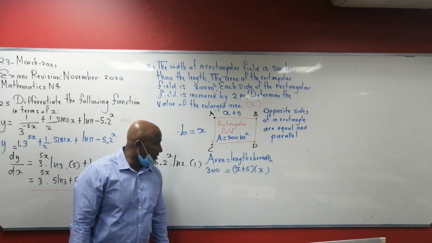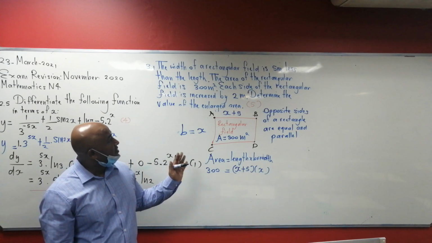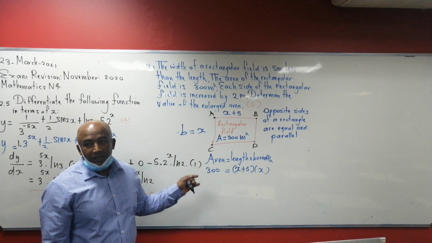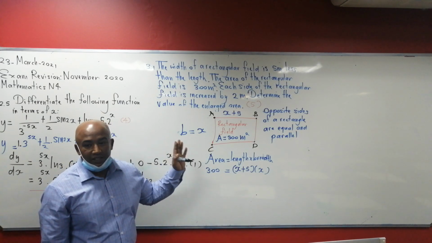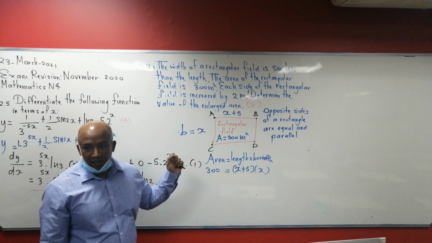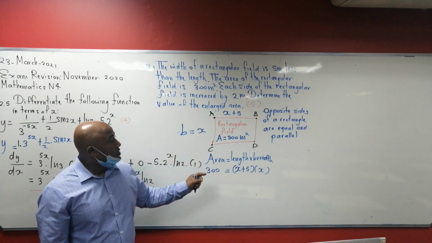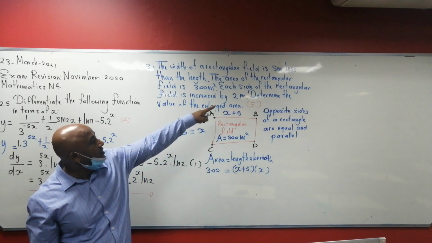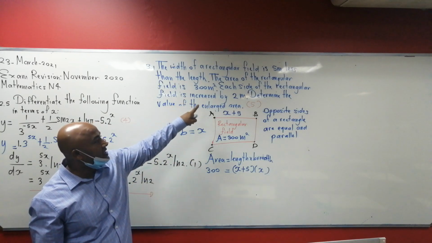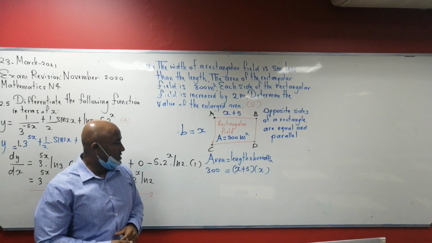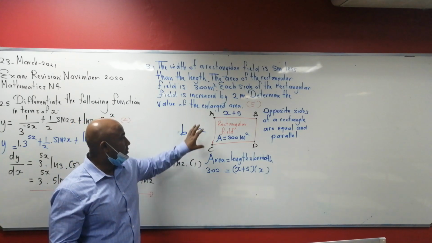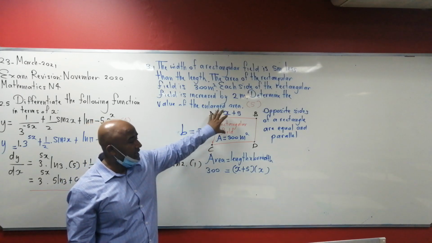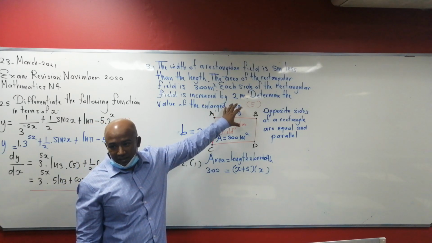So we can work out from this information the length and the breadth for this rectangle, which has an area of 300 square meters. After we do that, we can look at the second part. Each side of the rectangular field is increased by 2 meters. Let's assume that we find the breadth is 10 and the length is 15.